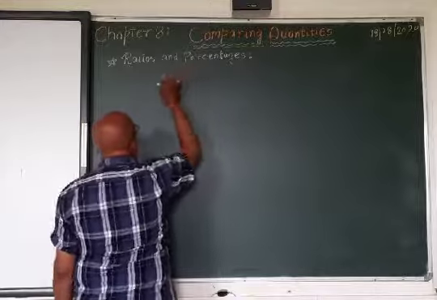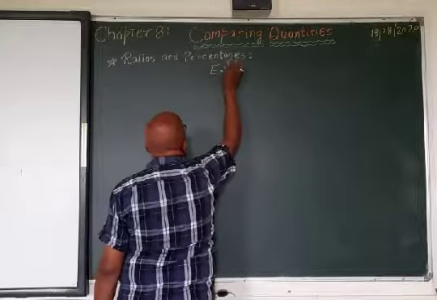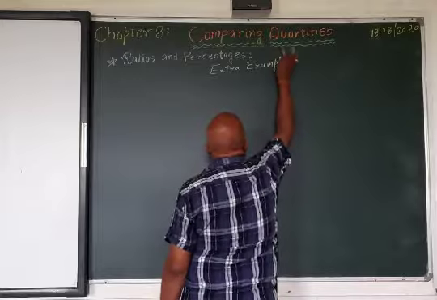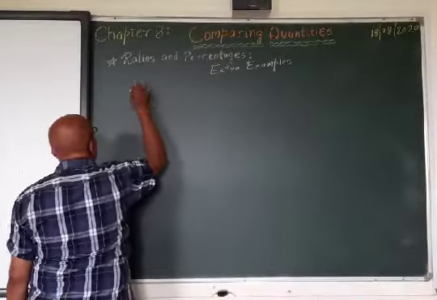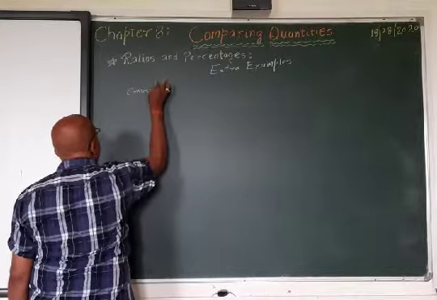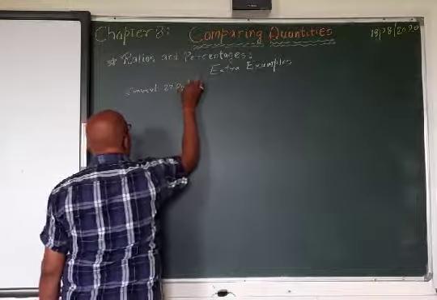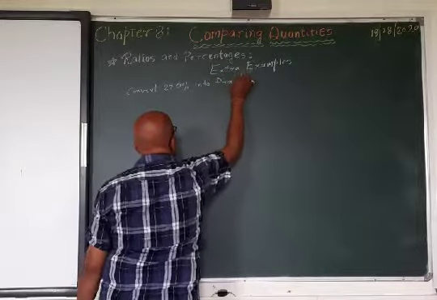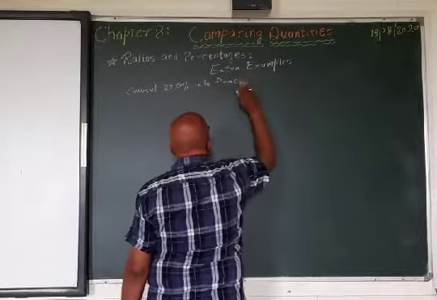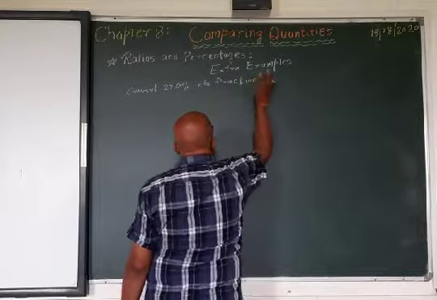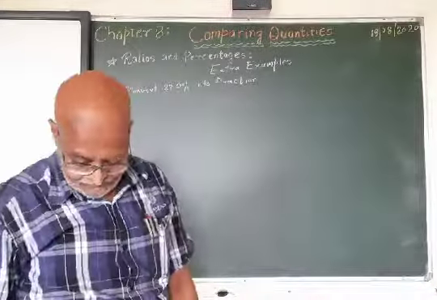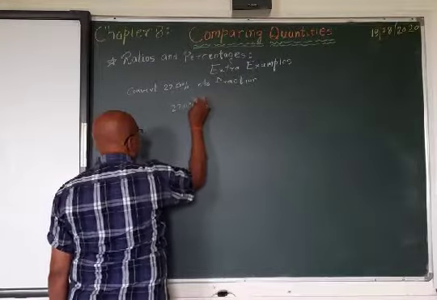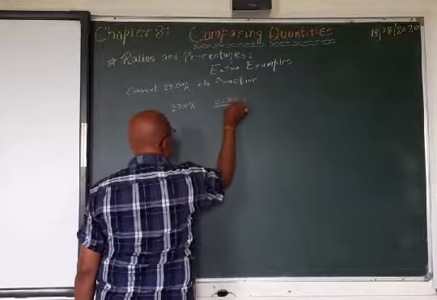So, convert 220% into fraction. 220% can be written as 220 upon 100.